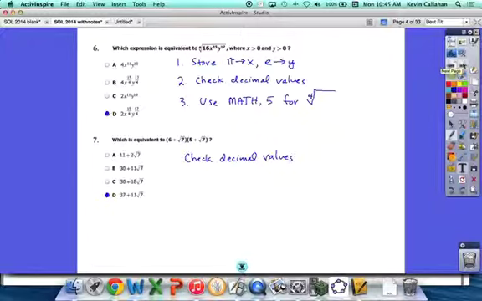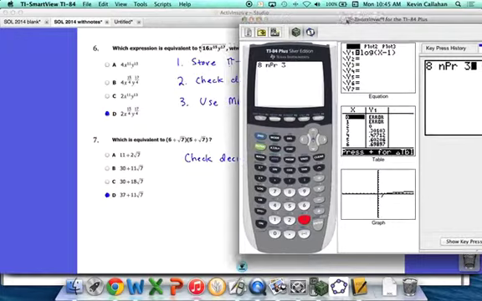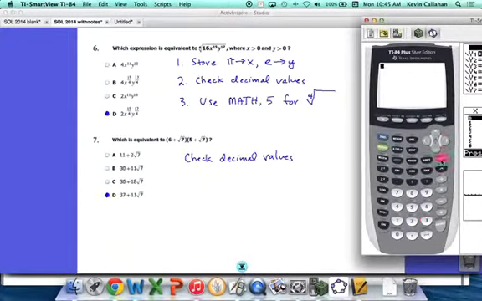Now, how do you find the 4th root symbol? Where is that in the calculator? Math 5.